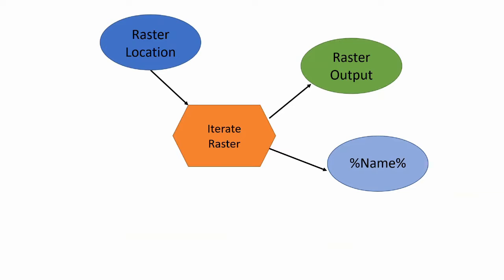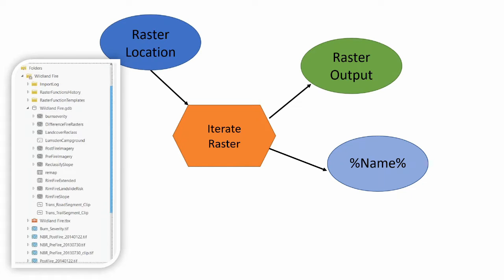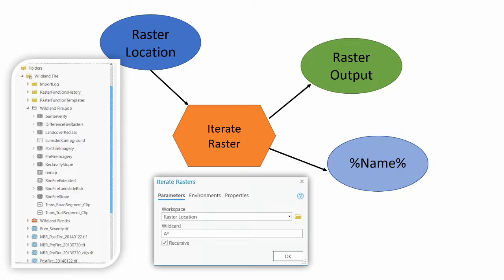So let's break this down. We have an input rasters variable, and that folder contains grids, images, and TIFFs. In this case, we just want to restrict with a wildcard, so anything that contains the letter A in it, and we want to take a look at any of those grids.